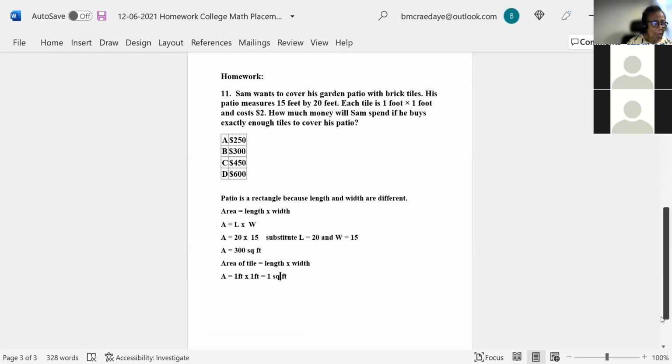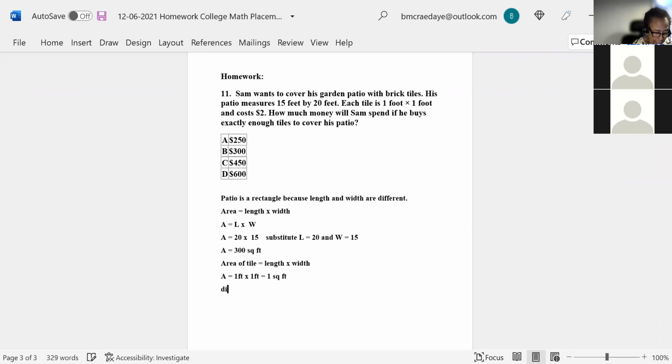So how do you find how many square tiles you need? Divide. That's right, Alba. Very good. You've got to divide the area of the patio by the area of the tile, and that would give you the number of tiles you need.